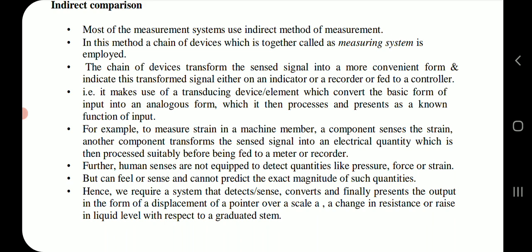Further, human senses are not equipped to detect quantities like pressure, force, or strain, but can feel or sense them and cannot predict the exact magnitude of such quantities. Hence, we require a system that detects or senses, converts, and finally presents the output in the form of a displacement of a pointer over a scale, a change in resistance, or a rise in liquid level with respect to a graduated stem.